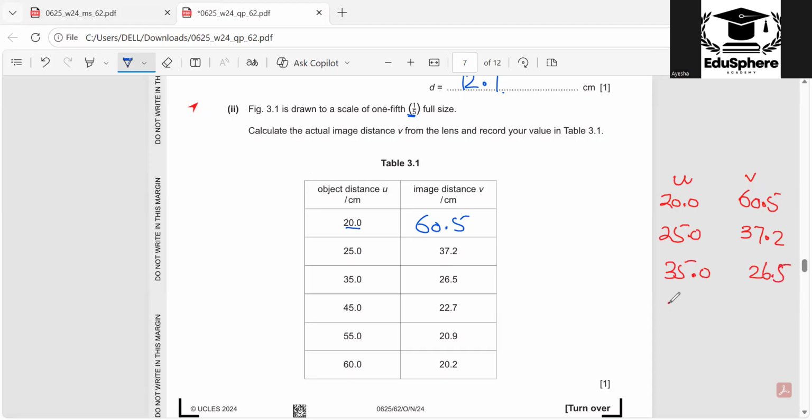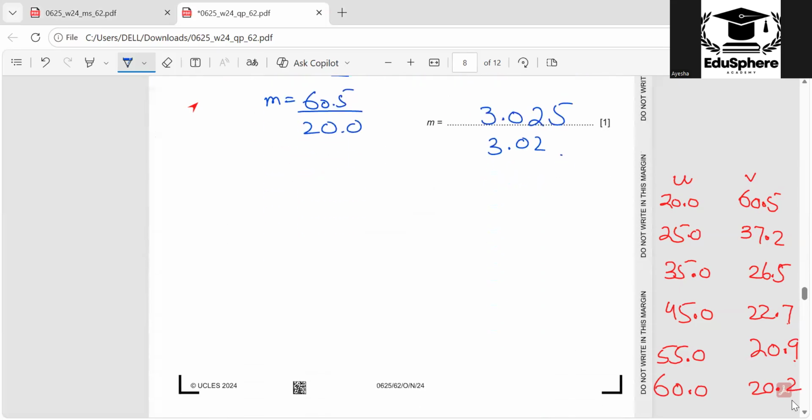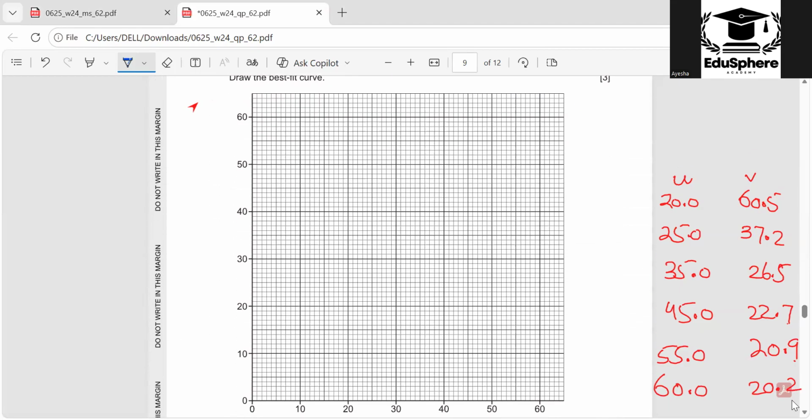Same goes with 45.0, 22.7, 55.0, it's 20.9, 60.0, it's 20.2. Okay. So looking at the graph carefully, we have to make a proper graph and the values should be taken very carefully.